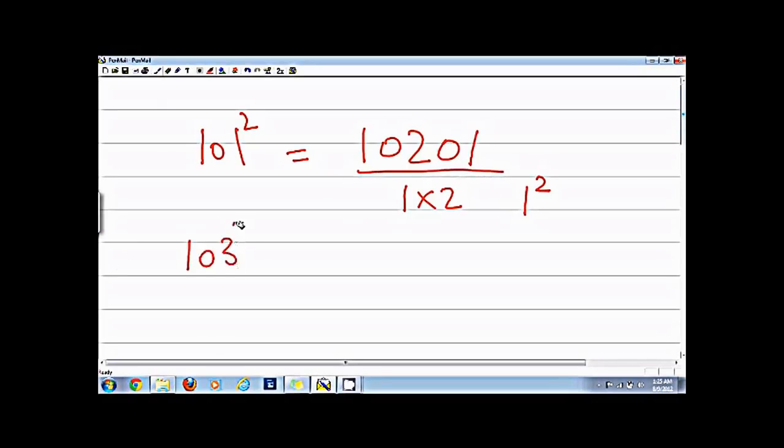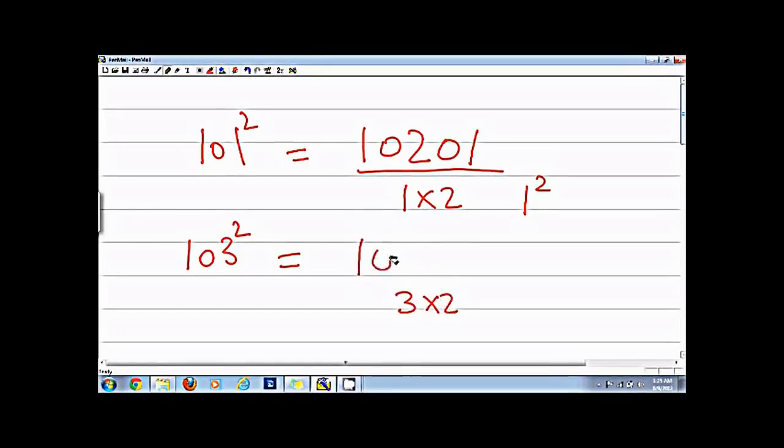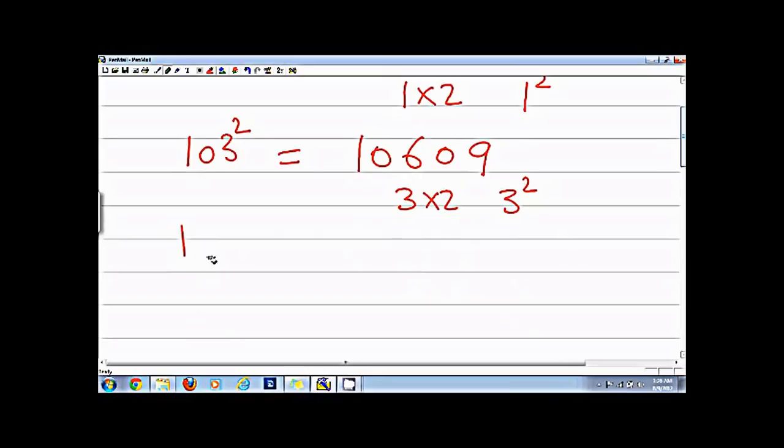Similarly, if I have 103 and I want to take the square, I will say 1, and then 3 into 2 is 6, so 106, and then 3 square is 9, so 10609. Similarly, if I have 105, then 5 into 2 is 10 and 5 square is 25. The answer is this.